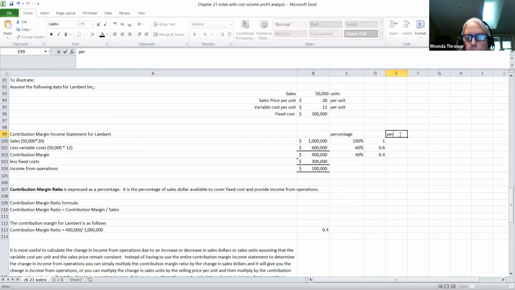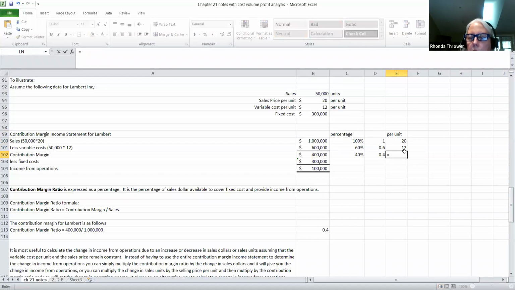If we know the selling price per unit is $20, and the variable cost per unit, which is $12, was also given, we can determine the contribution margin per unit by subtracting the variable cost per unit from the selling price per unit.